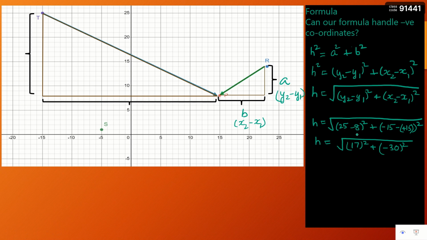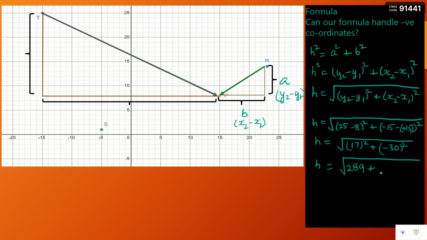But how about this minus sign? We have already seen that before. Let's take this as hypotenuse equals the square root of 17 squared, I think, is 289, and to this we're going to add. Now, what is the square of minus 30?